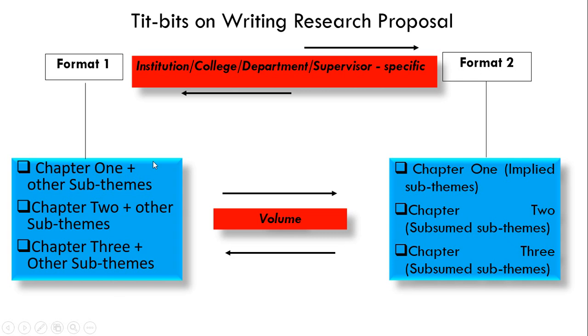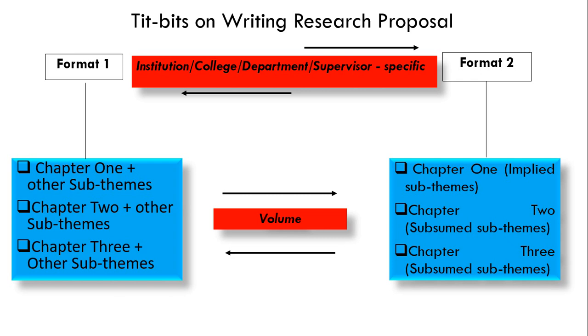To expatiate on the academic proposal, we have delivered format 1 and format 2. A glance at them tells you that they appear to be of the same format, containing chapter 1, chapter 2, and chapter 3. However, the difference first and foremost is that for format 1, chapter 1 often comes with sub-sections. That means your chapter 1 can have the introduction, the problem statement, and the research objectives.